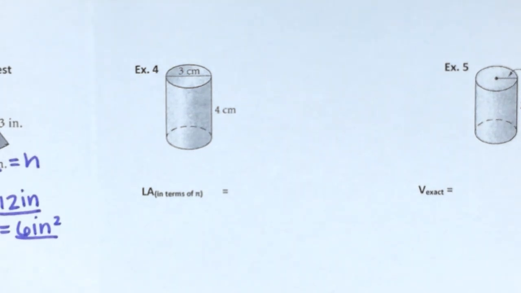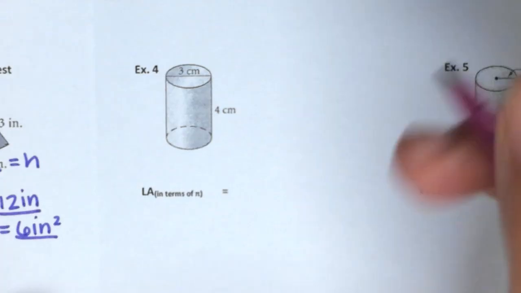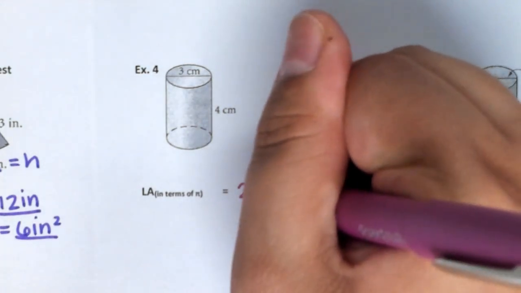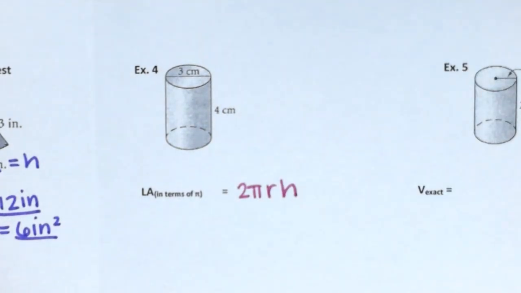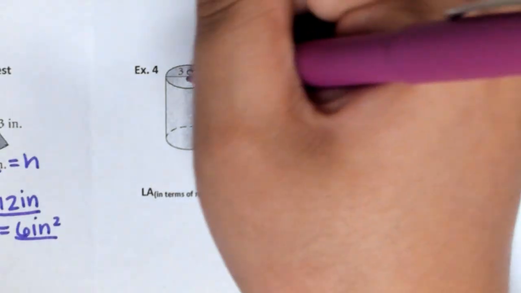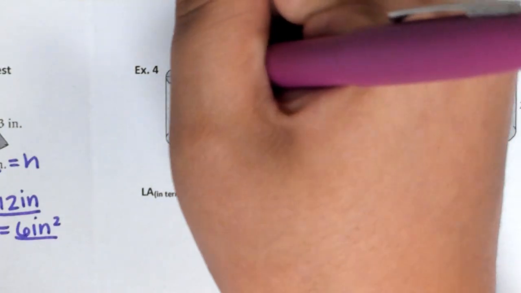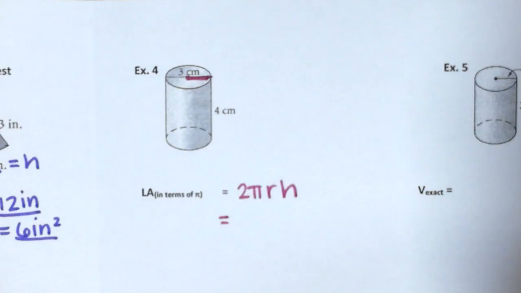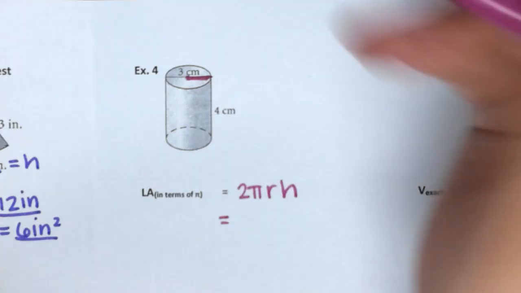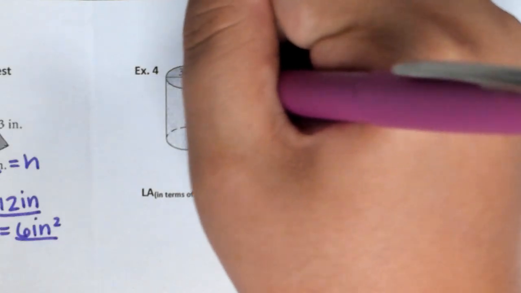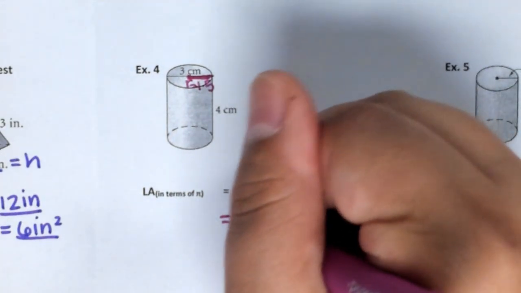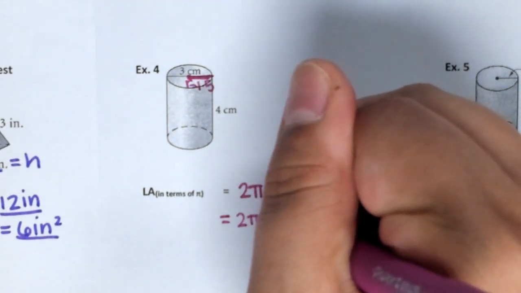Instead of writing pH, what would we write? 2 pi RH. Well, what is my radius here? It's not 3. 3 is the diameter. What's the radius going to be? 1.5. R equals 1.5. So 2 pi 1.5.